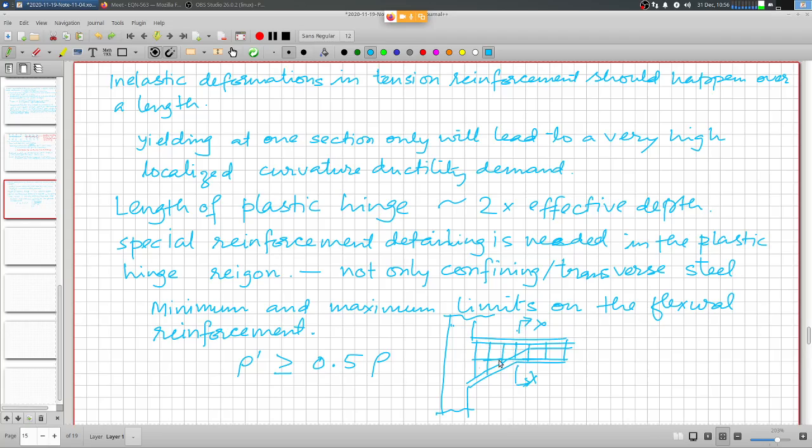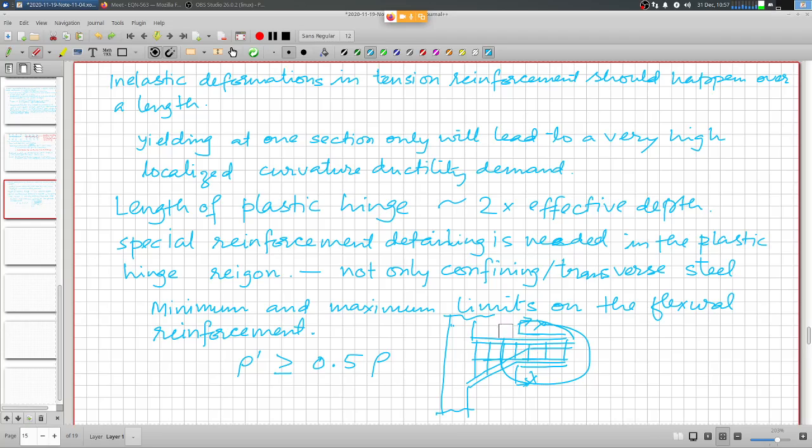So beyond this we move away from the column face. So this haunch and additional reinforcement here increases the capacity of the section here. So it doesn't yield, but the yielding will happen at this point, and it will propagate over a period of this plastic hinge region.